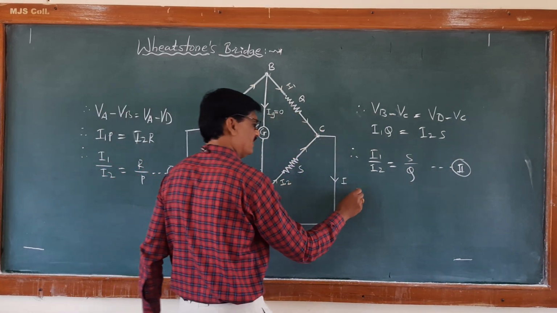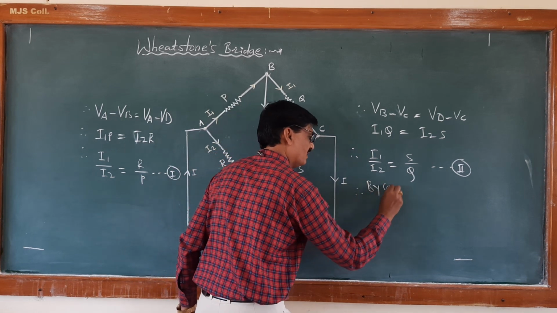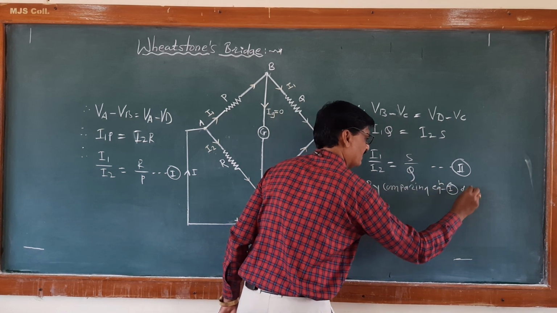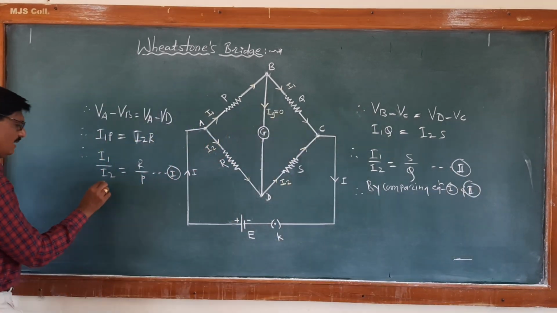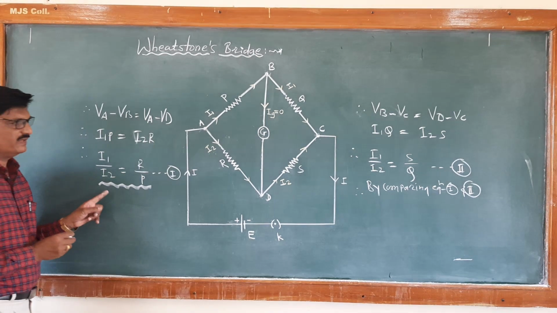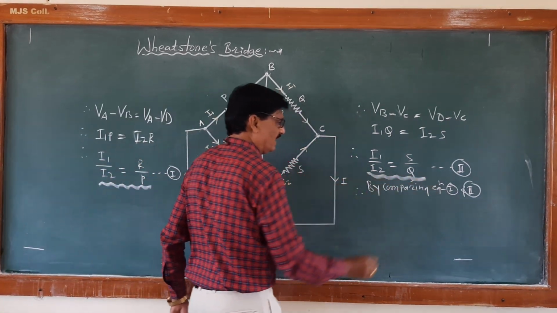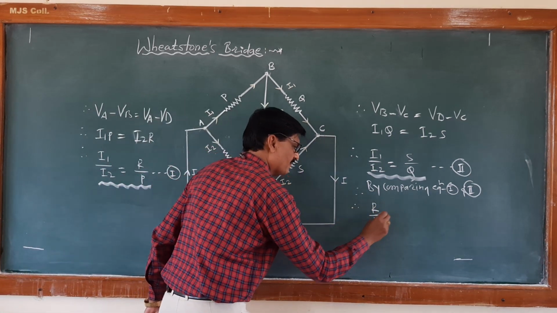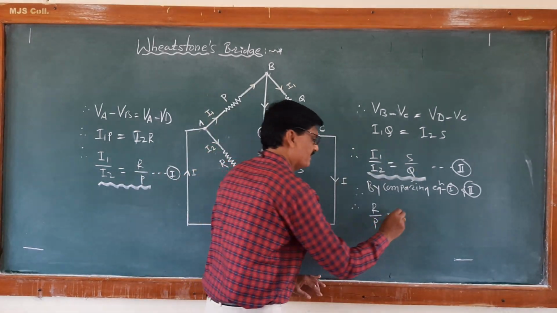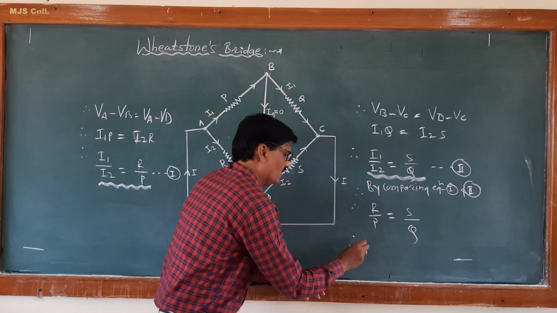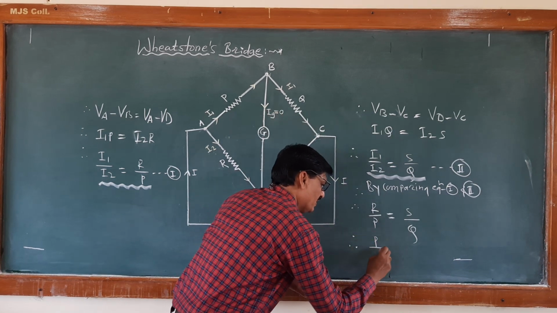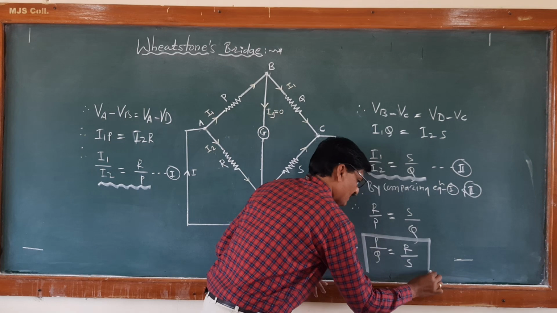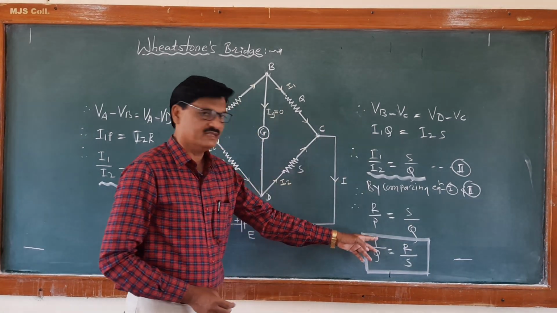Therefore, by comparing equation 1 and 2: in equation number 1, I1 upon I2 is equal to R upon P, and in equation number 2, I1 upon I2 is equal to S upon Q. Therefore, R upon P is equal to S upon Q. Rearranging terms, P upon Q is equal to R upon S. This is called Wheatstone's bridge condition.